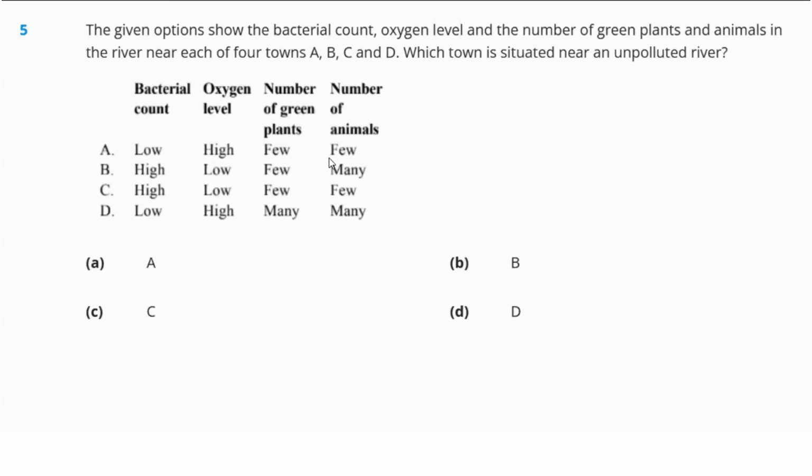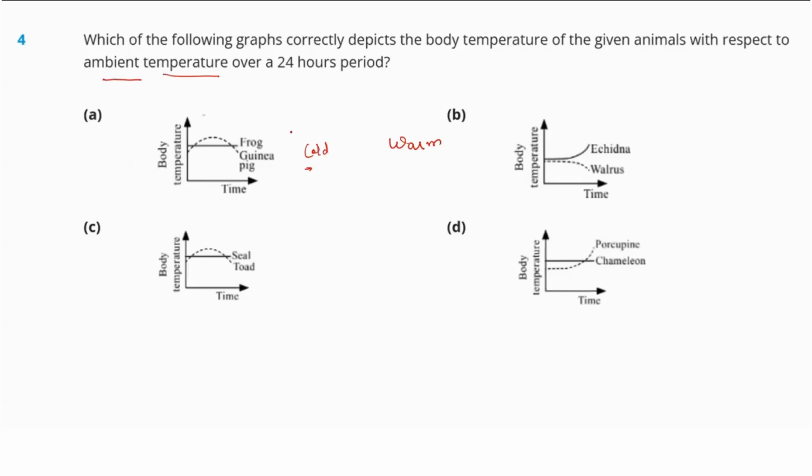So among these four, A, B, C, D, the cold-blooded animals are frog, toad, and chameleon. Amphibians are cold-blooded animals. Who are the warm-blooded animals? All the mammals and the birds. So the rest of them are warm-blooded animals. Now, how do we find the answer?